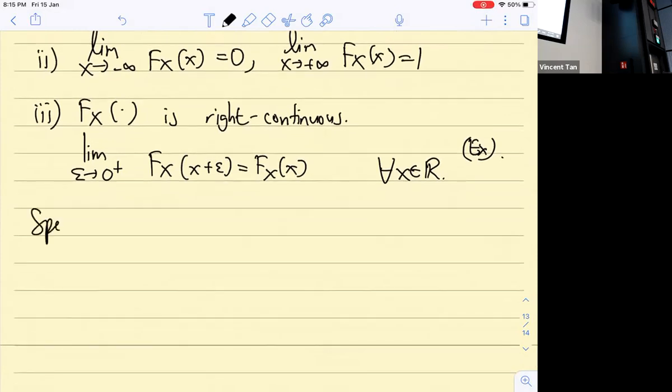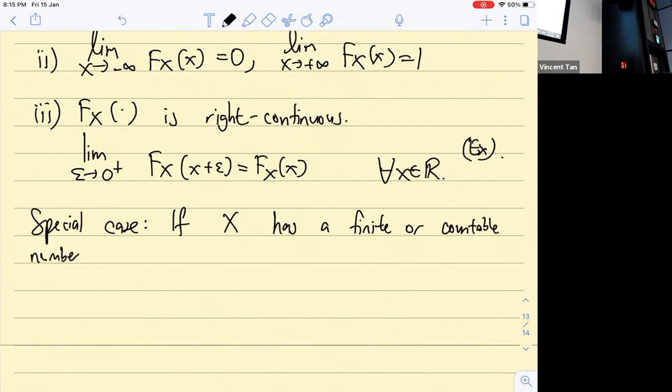Right, so special case. Okay, if X has a finite or countable number of possible values, so the random variable can only take on a finite or countable number of values.